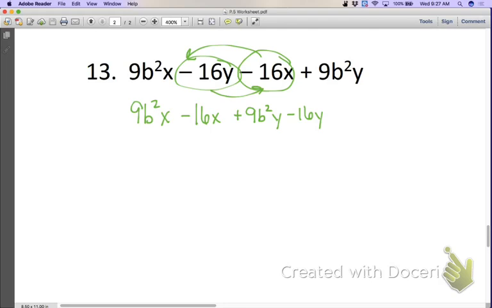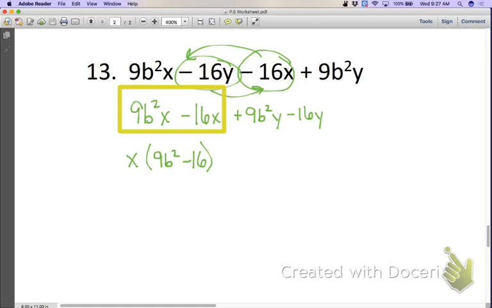Like, I just rearranged it. It didn't change. As long as the sign moves around, it just makes it a little bit easier to work with. Because now, what can I factor out of the front 2 parts? An x, right? So I have an x. Then I have 9b squared minus 16.